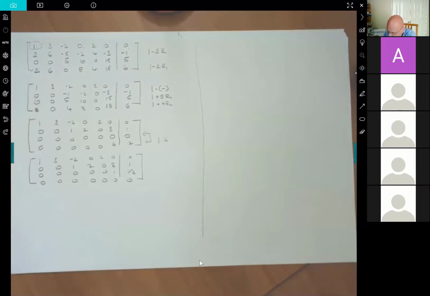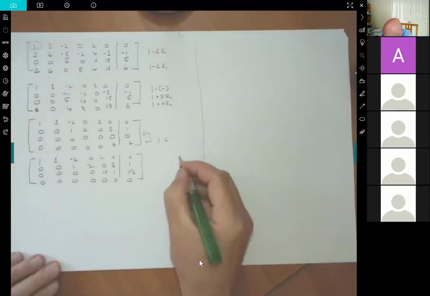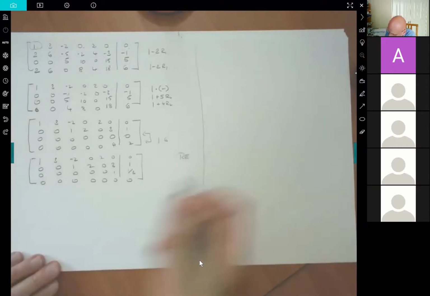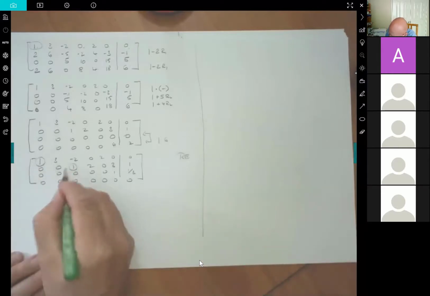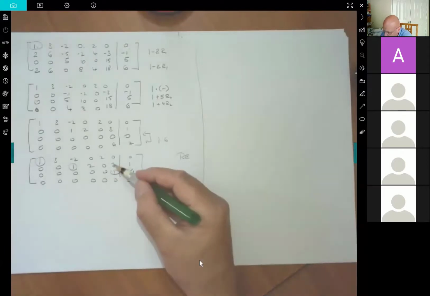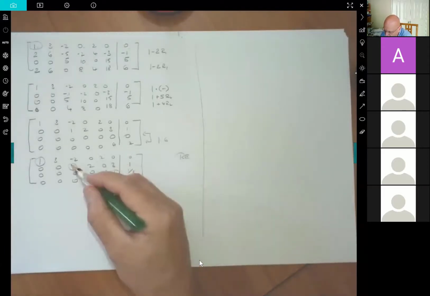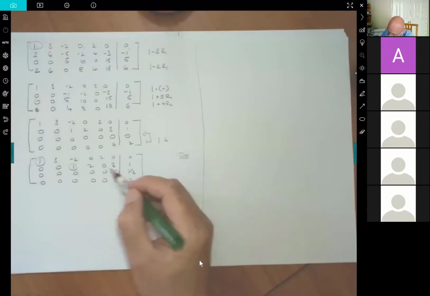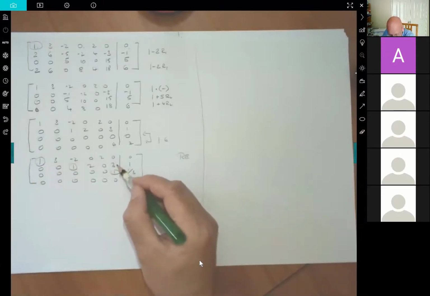Okay, and so now we have row echelon form with 3 leading ones. Now we bring it to reduced row echelon form by eliminating the non-zero numbers on top of the leading ones. Again, we start now from right to left. So here we eliminate this here.